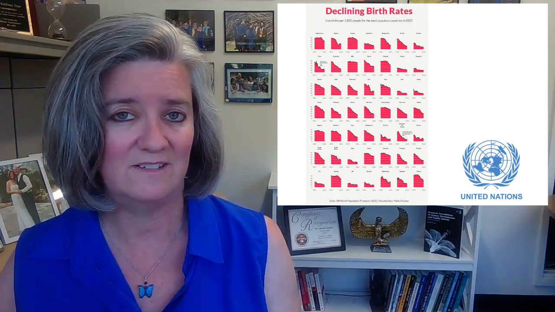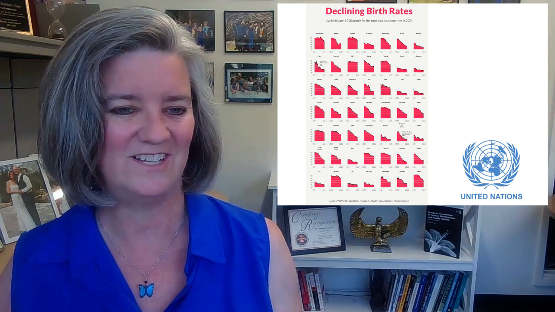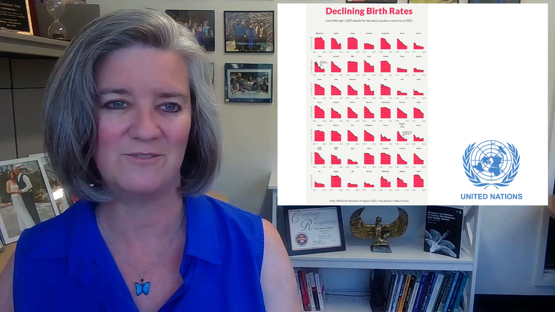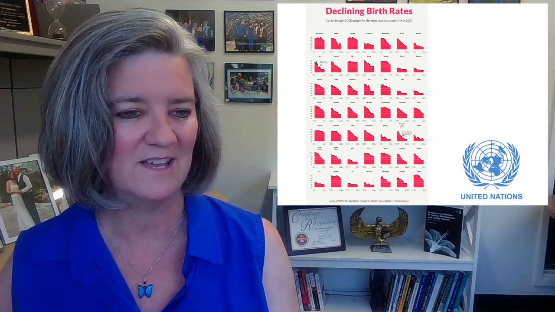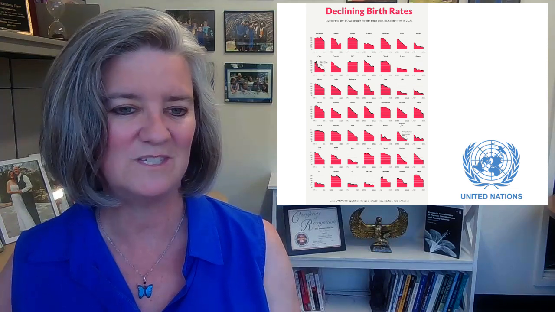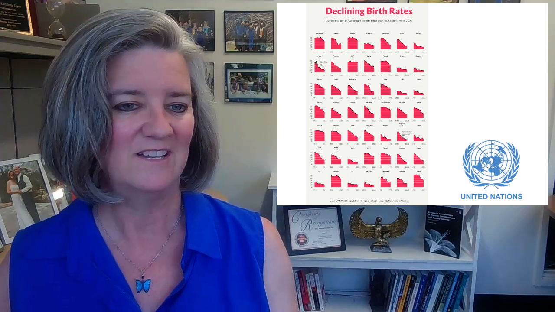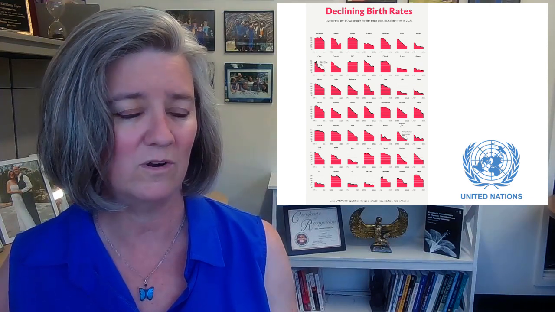To illustrate, some examples of these include the United Nations keeps track of birth rates for a bunch of countries, and the United Nations did not make this graphic, but someone used data from the United Nations to demonstrate declining birth rates in virtually every country around the world.